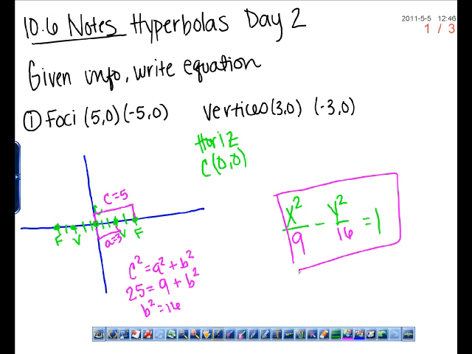There's your equation. Questions? All your instructions say is given your information, write the equation of the hyperbola. So that's all you have to do. Okay? All right, let's do another one.